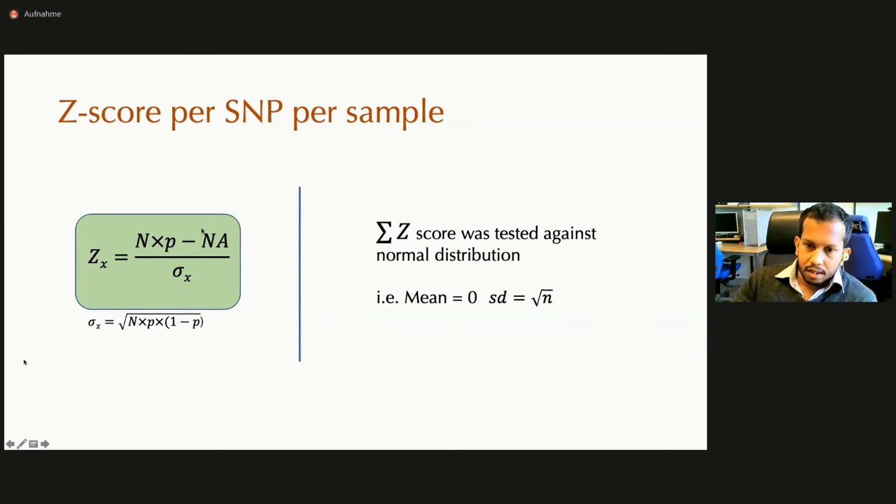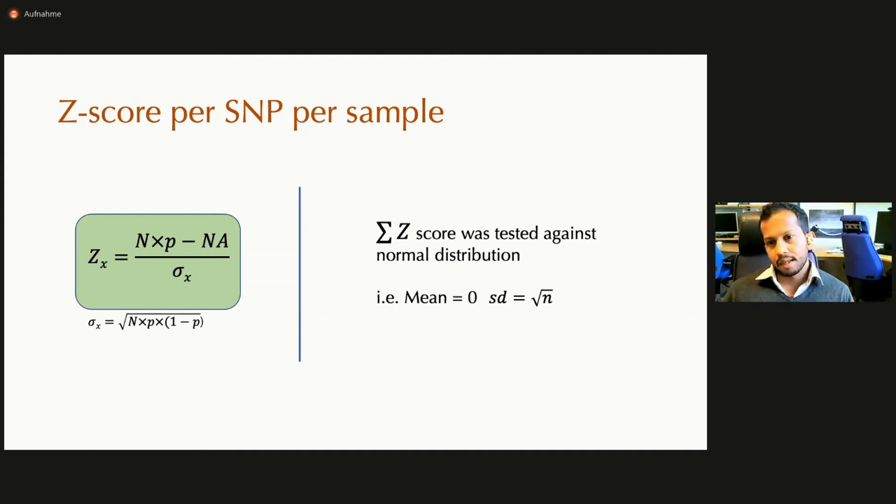Once we calculate that per SNP per sample for all the heterozygotes, we take the sum of the z-scores, which should follow a normal distribution, and we test it against a normal distribution. If it falls outside of the normal distribution, we flag it as a duplicate.